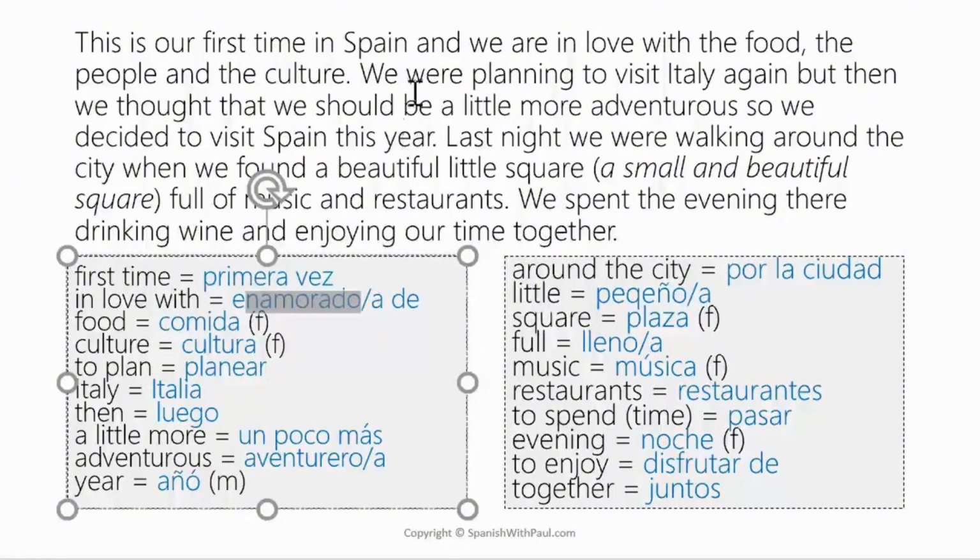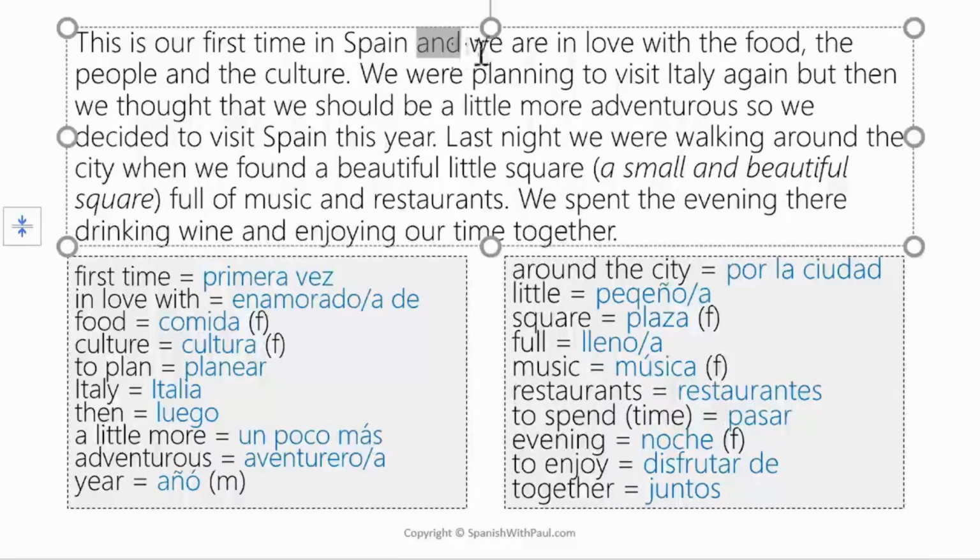So the full phrase would be y estamos enamorados de la comida, la gente, y la cultura. Even though we have the word with here in English, it's important to disregard that. In Spanish, it's going to always be enamorados de.